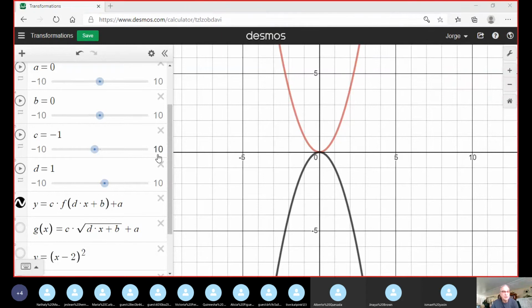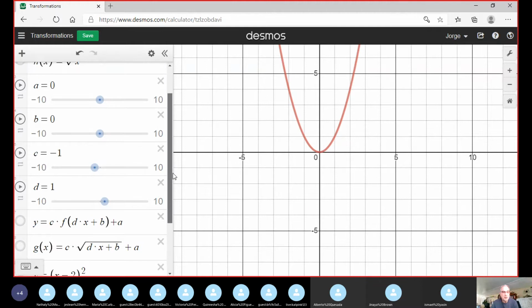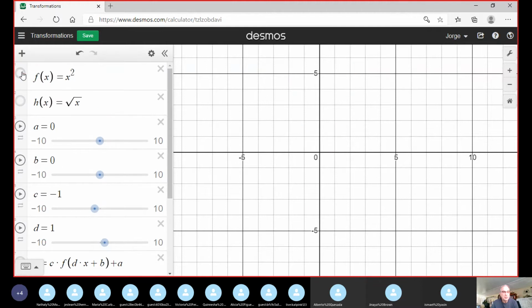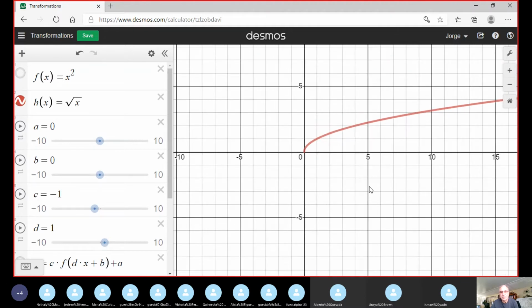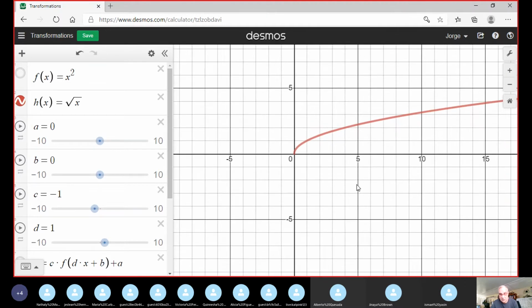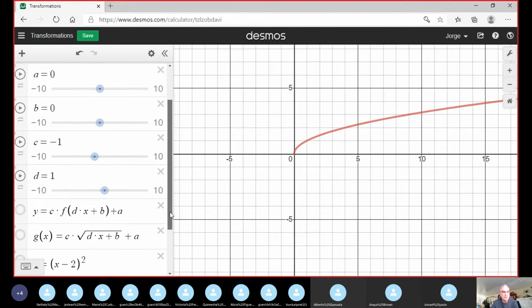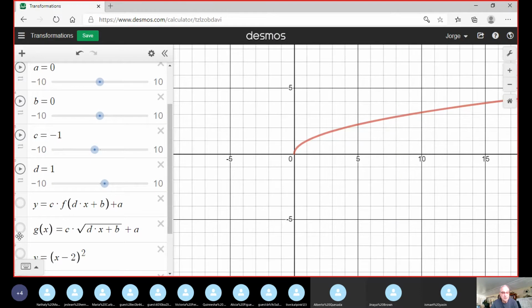Okay. No parabola anymore, because the parabola is symmetric. Look at the square root function. You're familiar with the square root function because we studied it in algebra in the library of functions. However, I want to do the family of this.